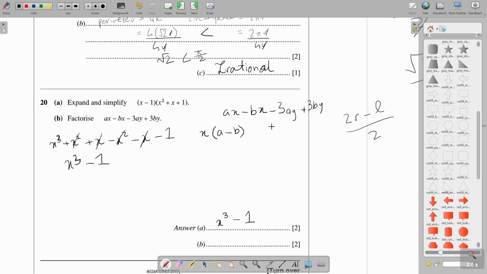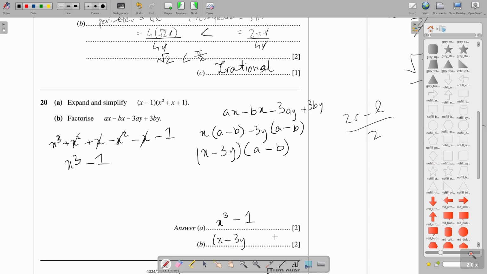And I can do the same thing here, where I can take out minus 3y, and I'll be left with a minus b. Because when I multiply minus 3y with a, I get minus 3ay, and when I multiply minus 3y with b, I get plus 3by. So we can simply have x minus 3y, a minus b. And that is our expression factorized.